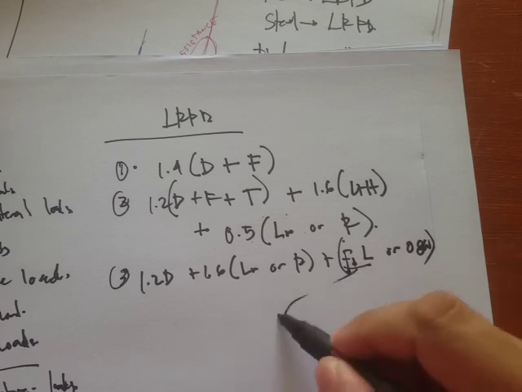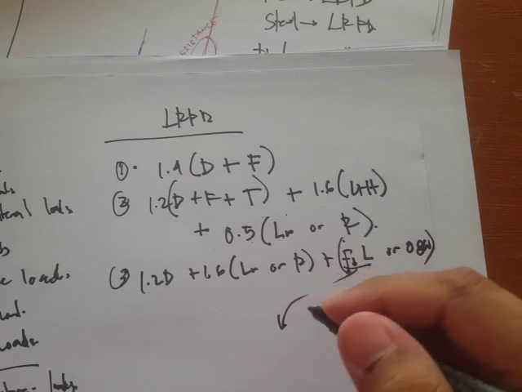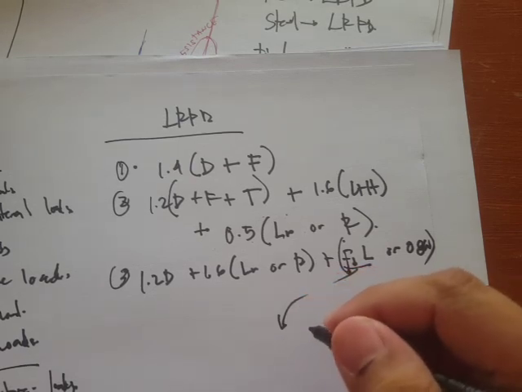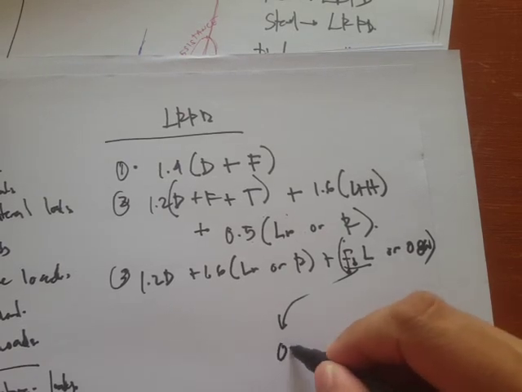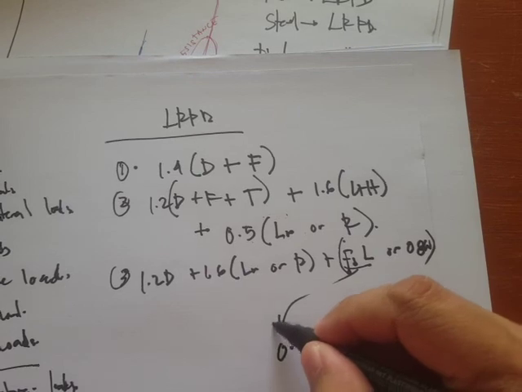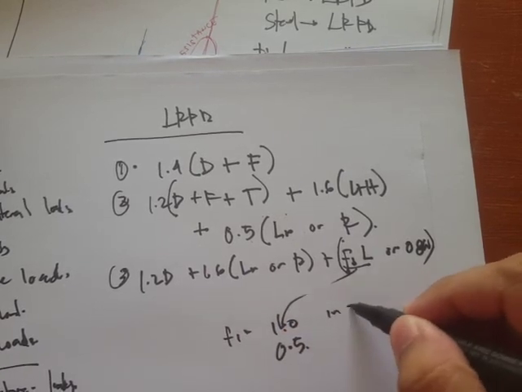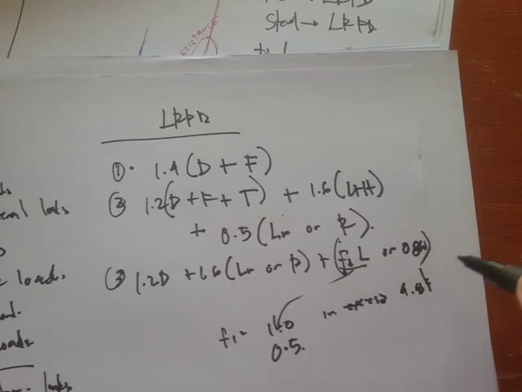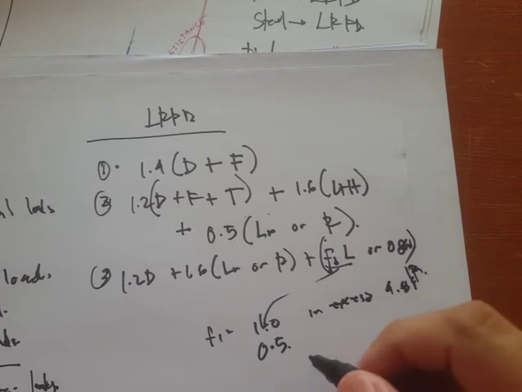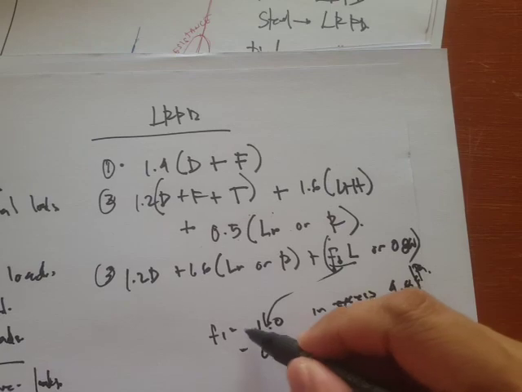It says that for floors in places of public assembly, with live loads in excess of 4.8 kPa, the value is 1.0, or 0.5 if not. Okay, so that's the value.